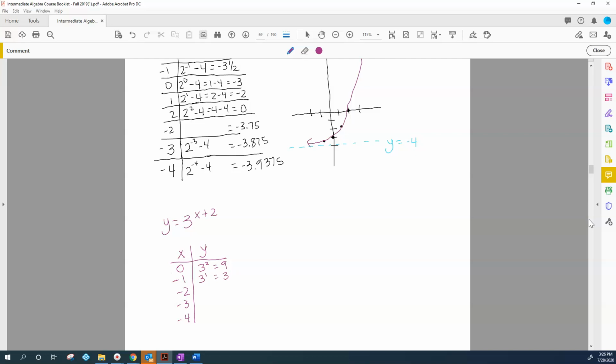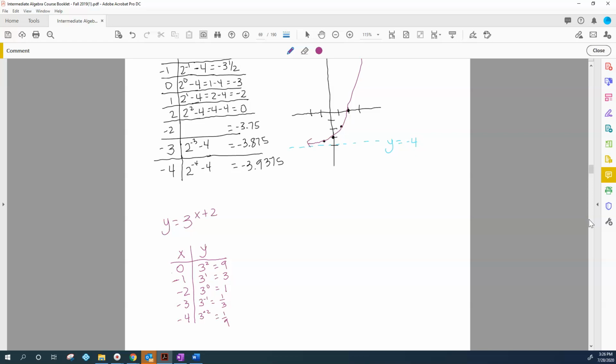When I put negative 2 in place of my x, negative 2 plus 2 is 0, so 3 to the 0 power is 1. And then if I do negative 3, I'd have 3 to the negative 1 power, which is 1/3. And then 3 to the negative 4 plus 2 is the negative 2 power, which is 1/9.